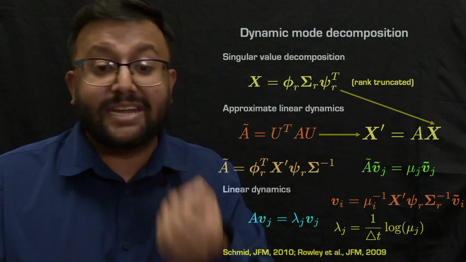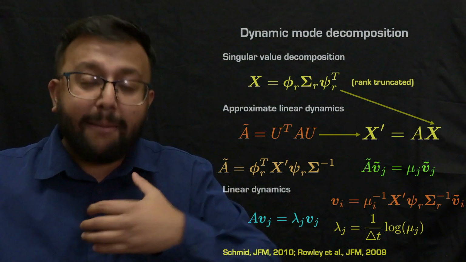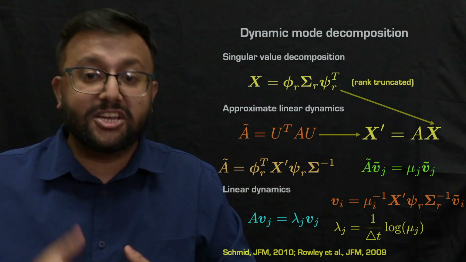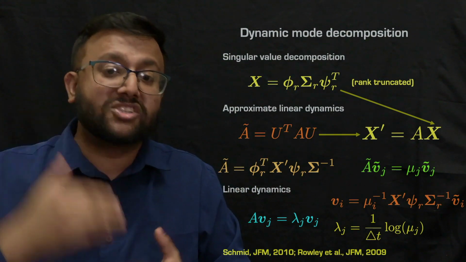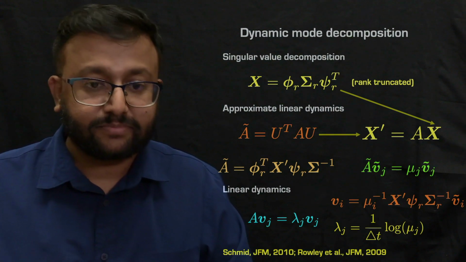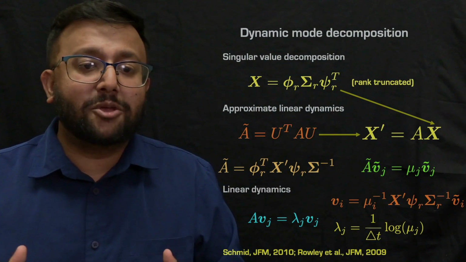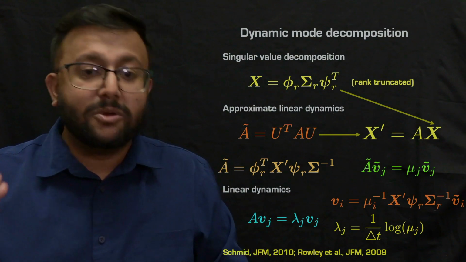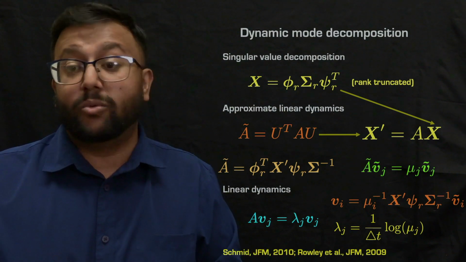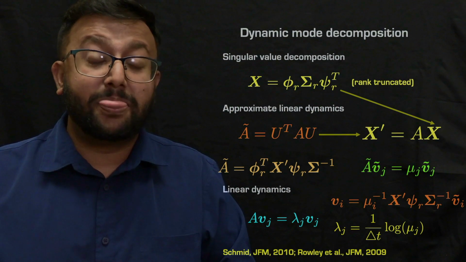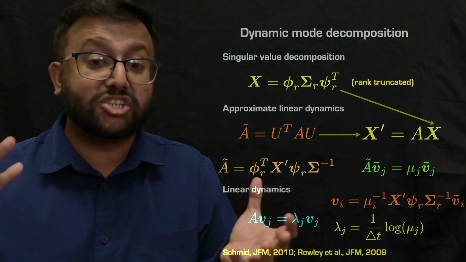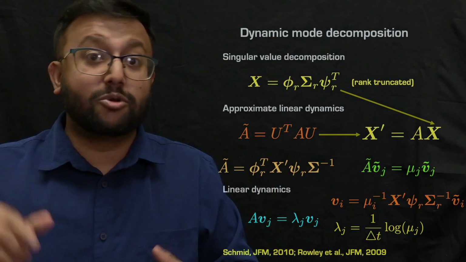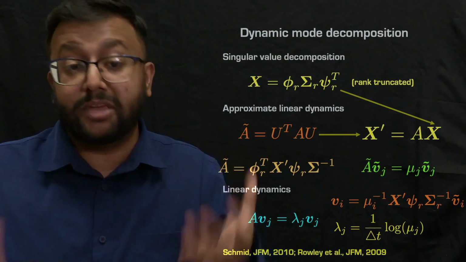And I must note here, delta t is just the sampling time step that we had discussed before between this x prime and x. So now you can see that, for performing DMD, a quick recap, what we do is we do singular value decomposition. We use the idea that A tilde has a relationship with A through this projection onto POD modes.